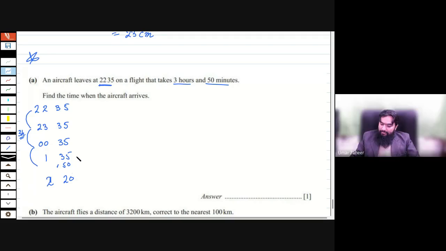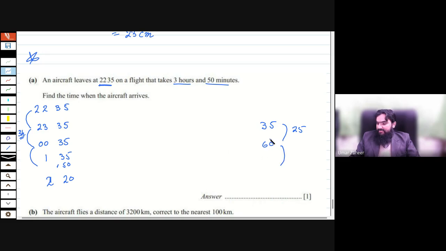From 35 to 60, how many minutes do you need? It is 25. And from 25 to 50, there are 25 minutes left.